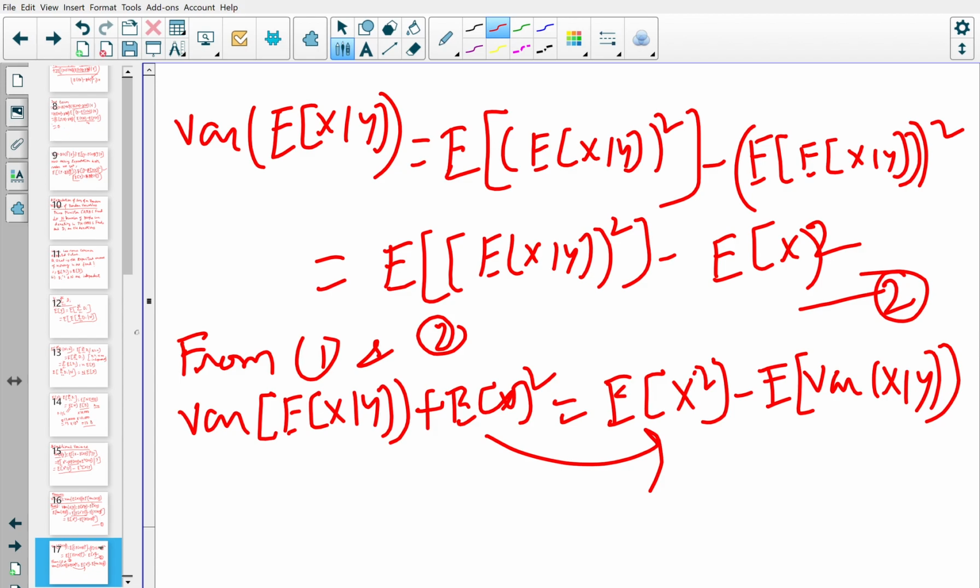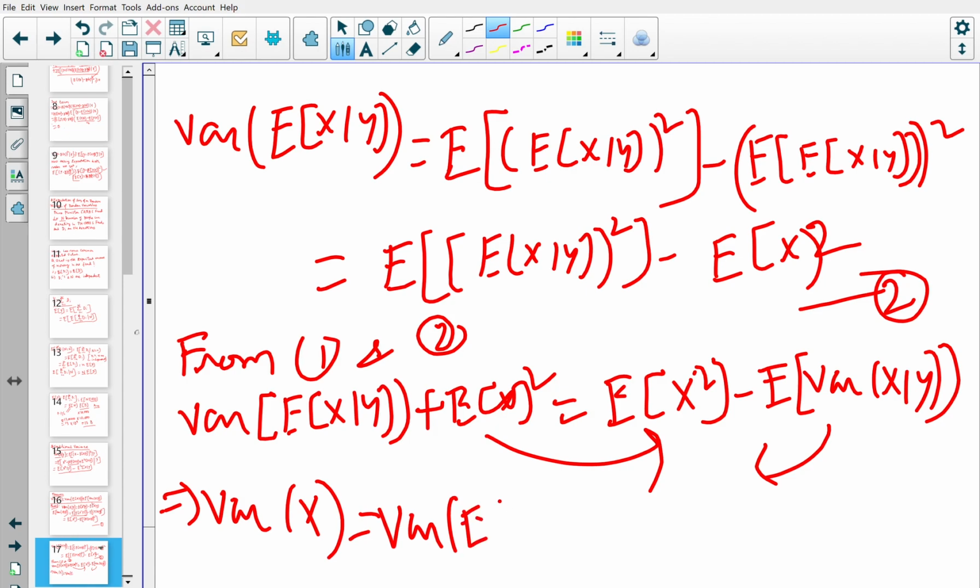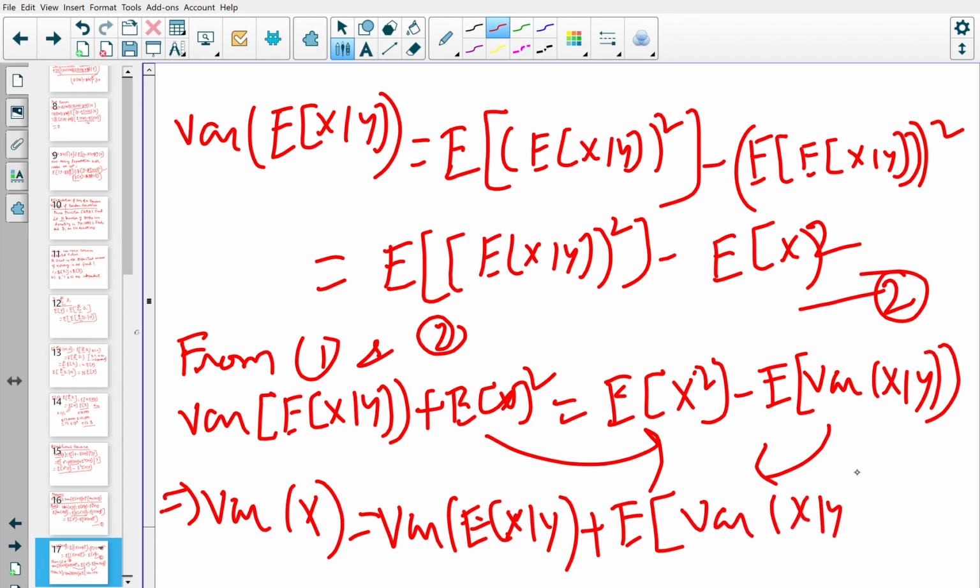So this portion becomes variance of x, and you take the other portion to that side, and you have nothing but variance of expectation of x given y plus expectation of variance of x given y. Okay, so this is the proof of our result.